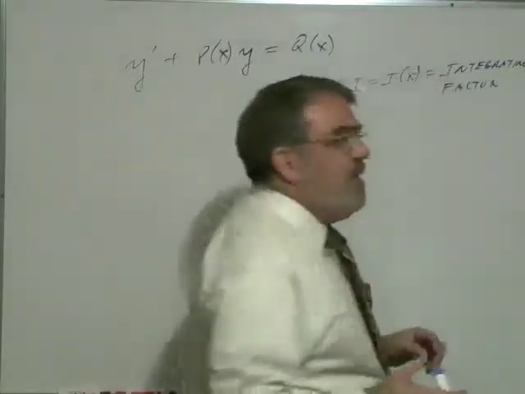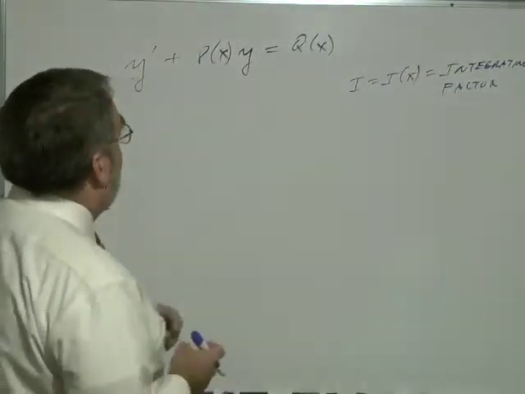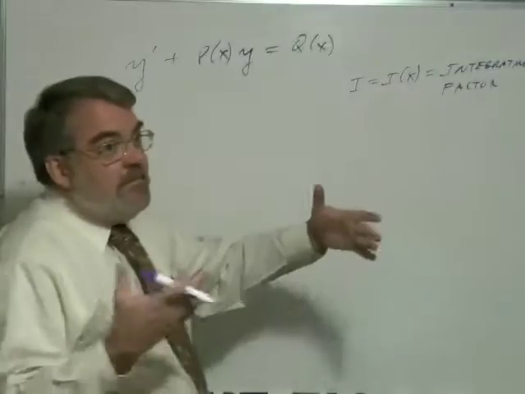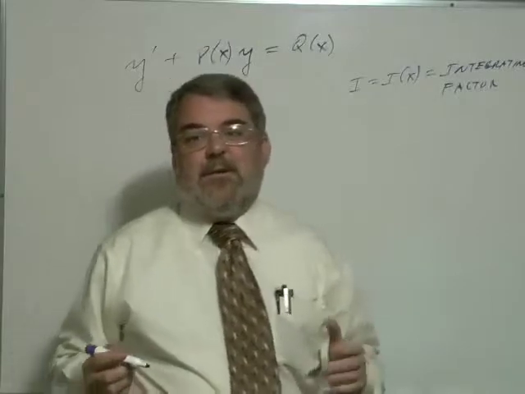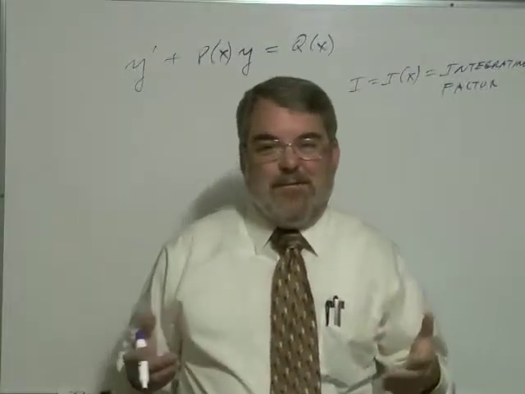But let me just go ahead and develop it for you, because I think it's interesting to find out here. Here's the idea. I have a function, as yet unknown, I, that when I multiply this equation will make that equation solvable.